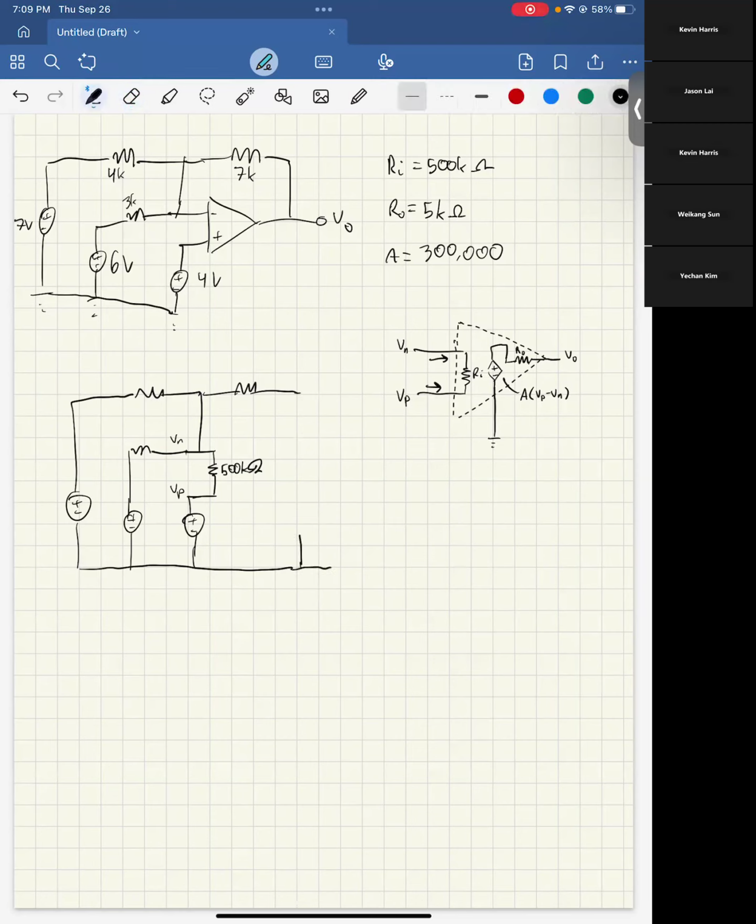Our V out is a dependent voltage source connected to another, this is our R out, so this is going to be a 5K, and this would be our V out. It's telling you to write the node voltage equations that you need to solve for V out. And this, of course, is going to be 300,000, which is our A times VP minus VN.